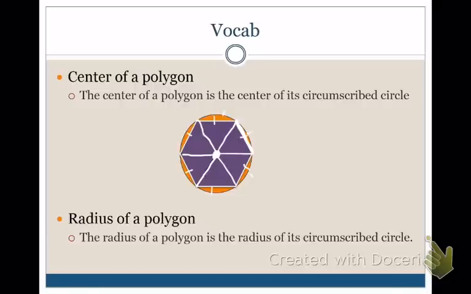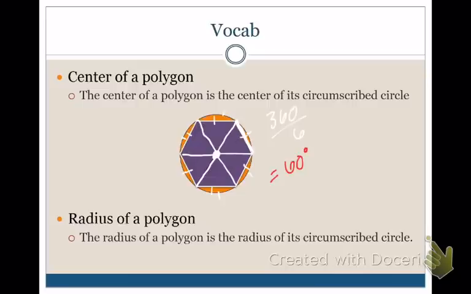Here, here. All these arcs are going to be the same. Well, what are all those arc measures? Well, they're all the same. They all have to add to 360, and there's 1, 2, 3, 4, 5, 6 of them. So 360 divided by 6 tells us that all of those arc measures are going to be 60 degrees. Okay? And so we're going to use that idea in just a few minutes as well.